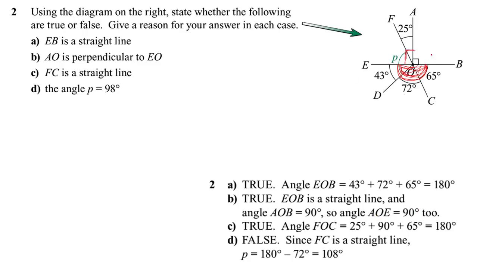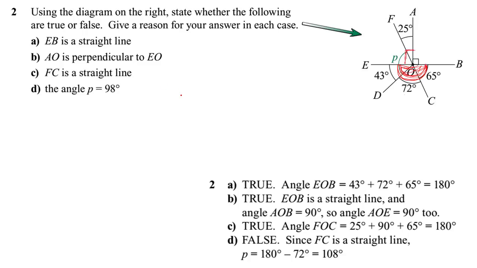Now, one thing we know is that this angle here is 90. If this is 90, and we know that line EB is a straight line, then this other side must also be 90 degrees. So 25 degrees plus P must be 90 as well. Why? Because there is 90 degrees already on this side. And another thing, this line here, EOB, makes a straight line. So that is true. That's correct.